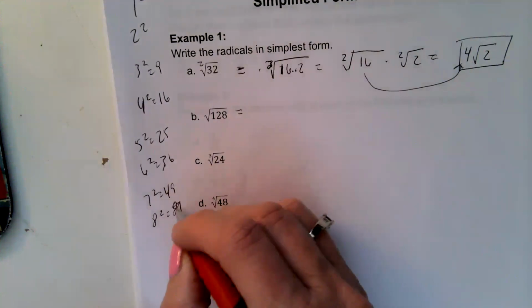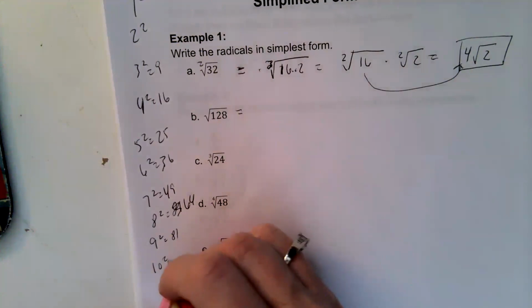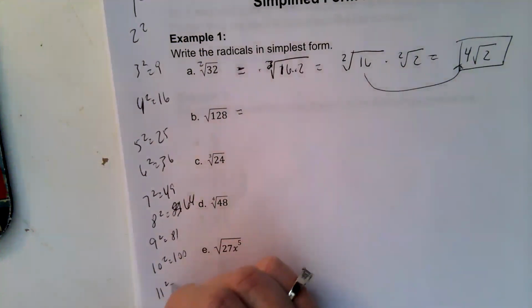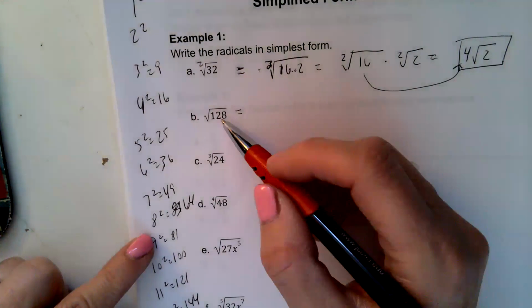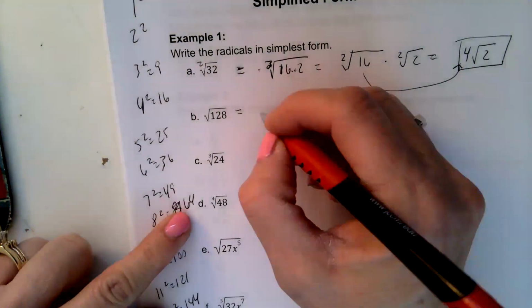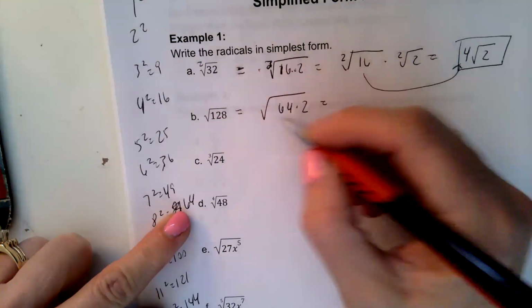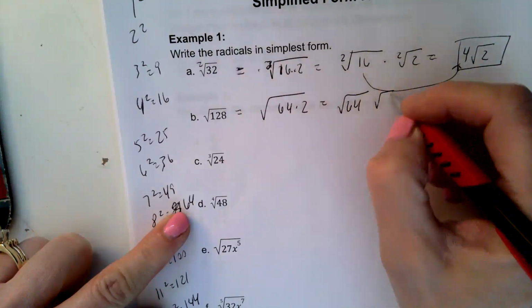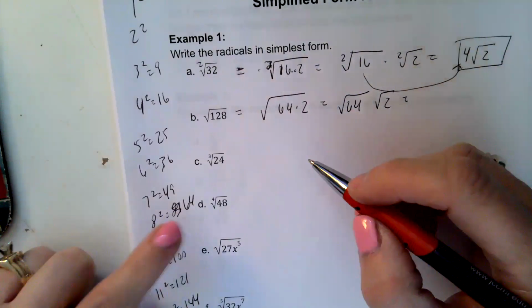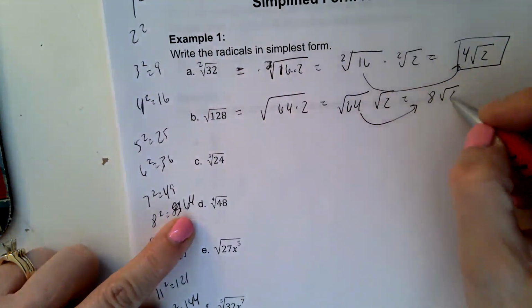Sorry, 8 squared is not 81, it's 64. 9 squared is 81, 10 squared is 100, 11 squared is 121, 12 squared is 144. The reason I did that is because 128 is 64 times 2, and I know the square root of 64 is 8, because 8 squared is 64. So I can write that as 8 times the square root of 2.